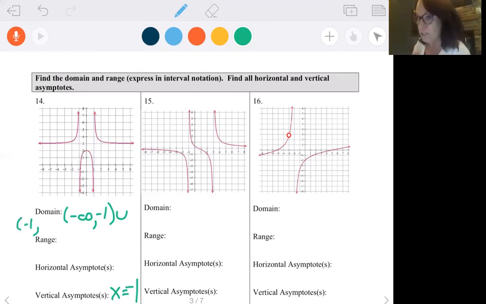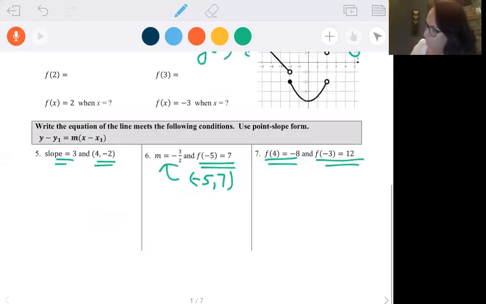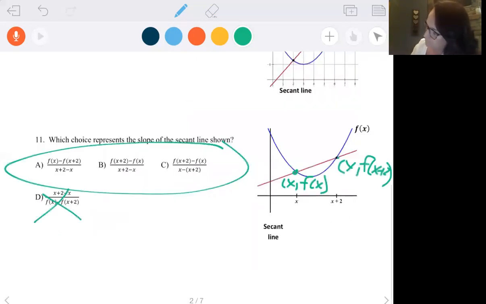Remember at -1 there was an issue in the domain. I can't quite grab a y value when x is -1 because I'm heading to the infinities on both sides. So, but I can go from -1 to 1 and open, but then hit another vertical asymptote, hit a brick wall at x equals 1.